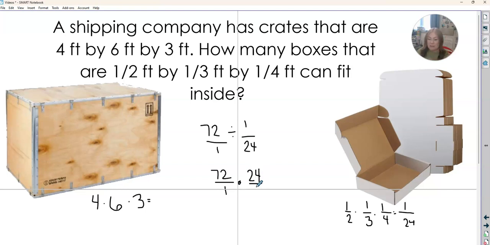We're going to multiply there, and that's going to tell us that answer. So we're seeing how many of the little ones fit into the big one. So we're taking this and dividing it into how many boxes can fit. And if we can't divide nicely, we want to use the opposite and multiply that. We've got to use that reciprocal.